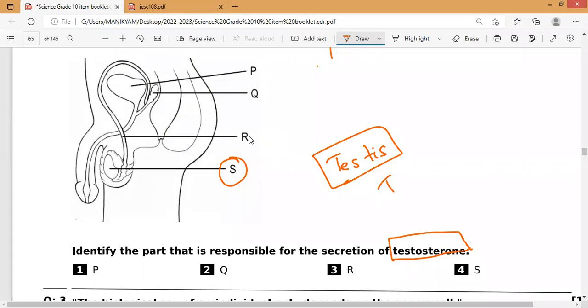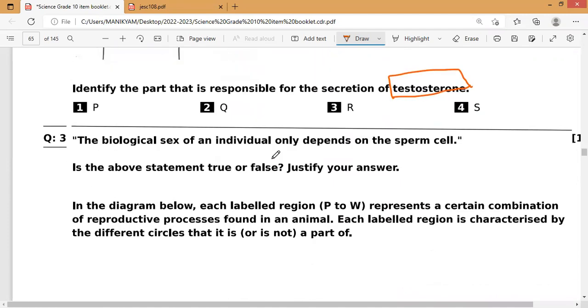Once again, the function of the testis is to make the male sex cells called male gametes, which we used to call sperms, and the male sex hormone called testosterone. So, what is the correct answer? Yes, that is the correct answer.